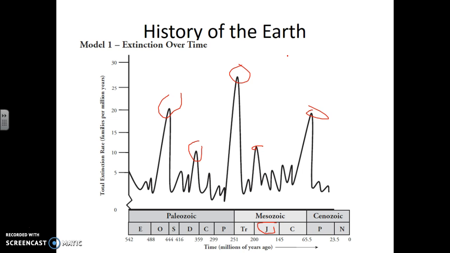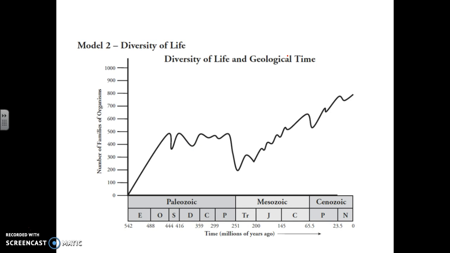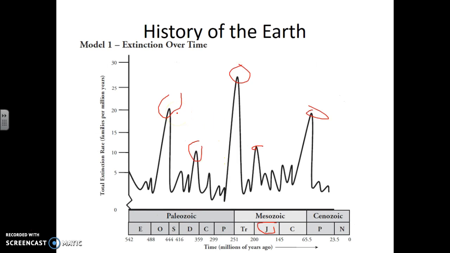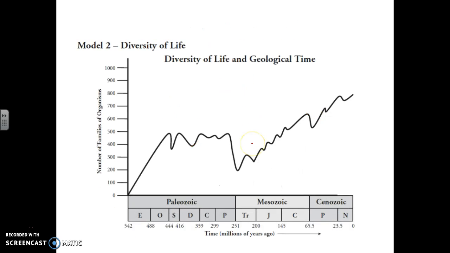Now, if you look at the next graph, which is below this one, you'll see that this graph shows the number of families of organisms, and time as well. You'll notice that with the extinction events, here is where the Jurassic extinction event occurs. If you look here, you'll see that there is a decrease in the amount of families at that point.